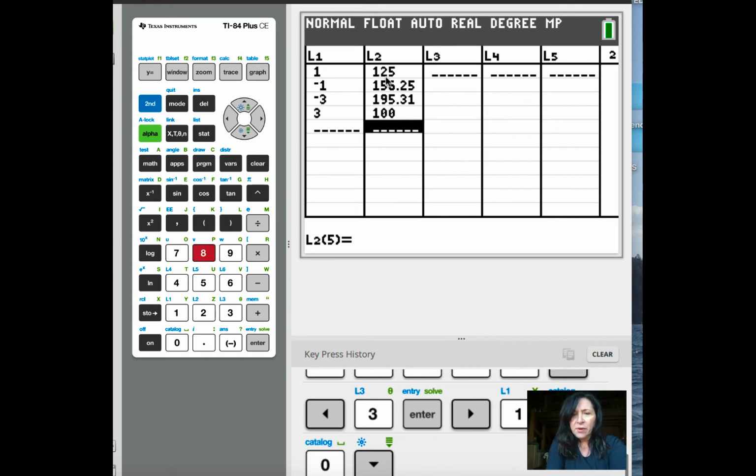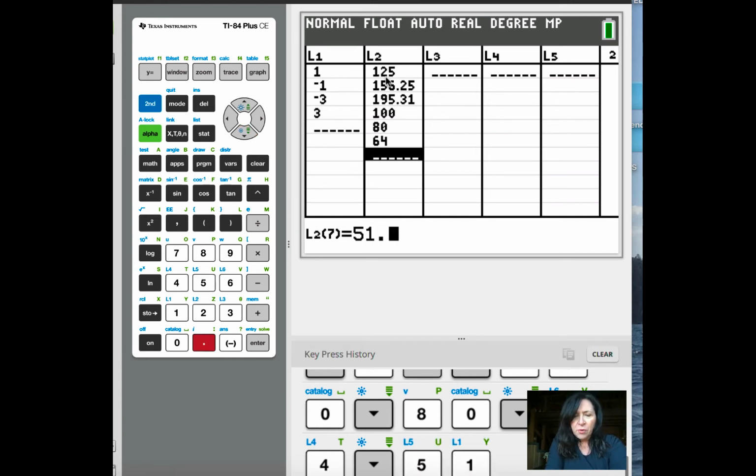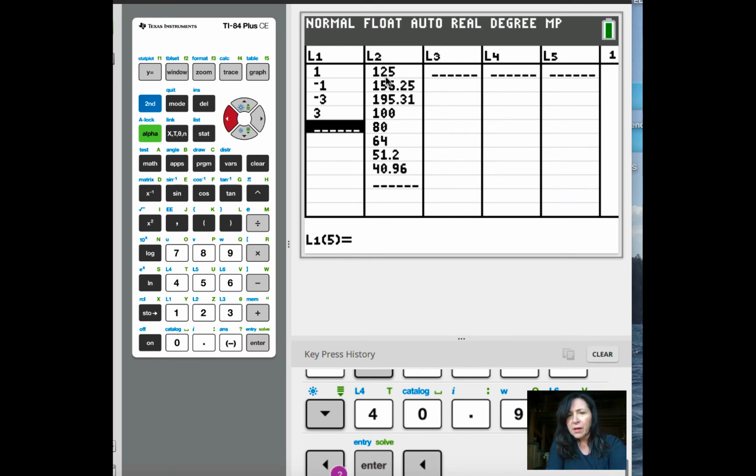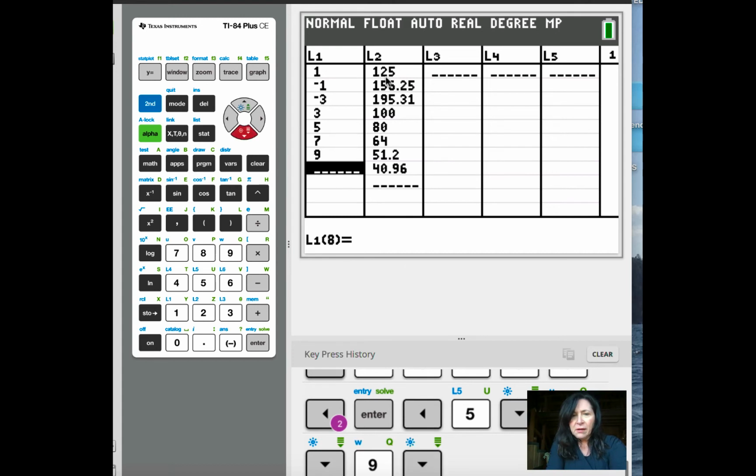Underneath 100 was 80, and then we had 64, 51.2, and 40.96. And then over for the 80, we had 5, then 7, then 9, and 11.